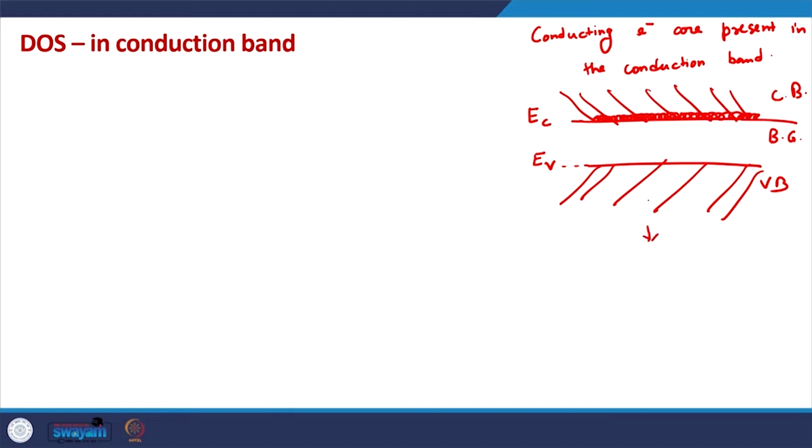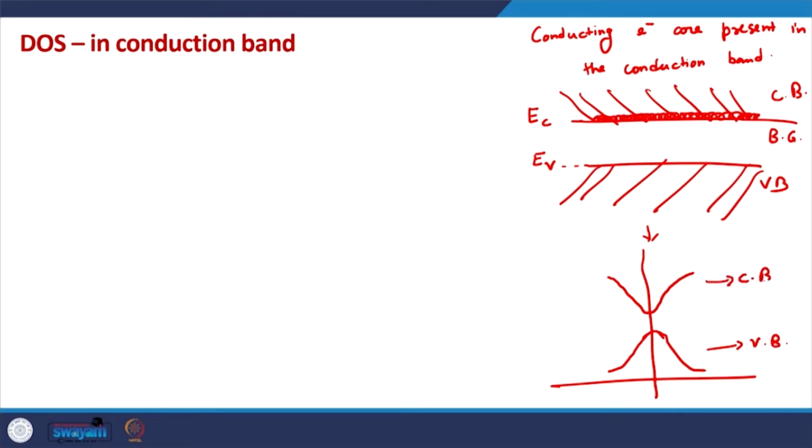The corresponding EK diagram for this, we have also seen in our earlier classes, especially during the discussion of the KP model. This is how the actual EK diagram looks like. This is the valence band, this is the conduction band, among the simplest EK diagrams for conduction and valence bands.